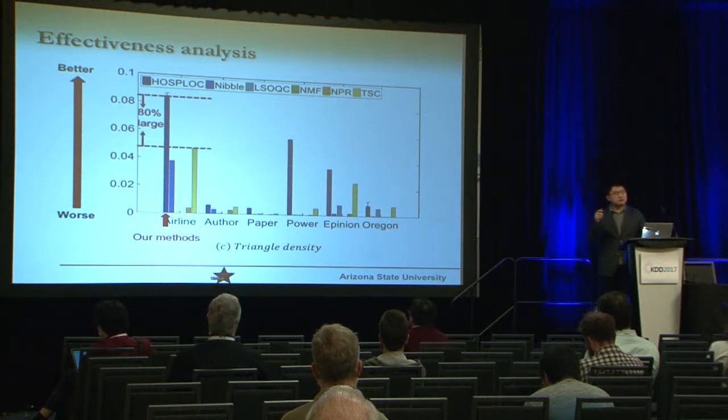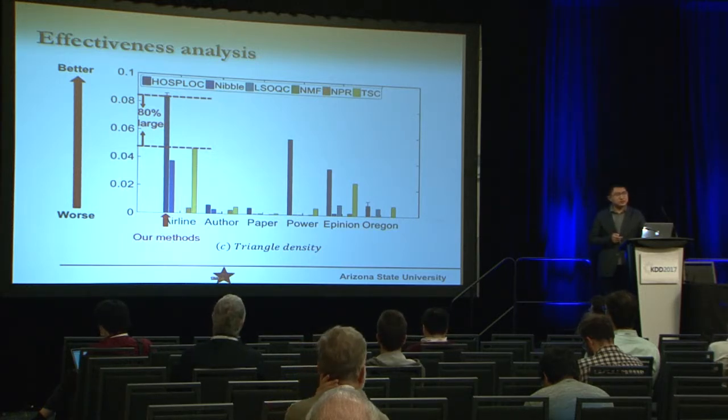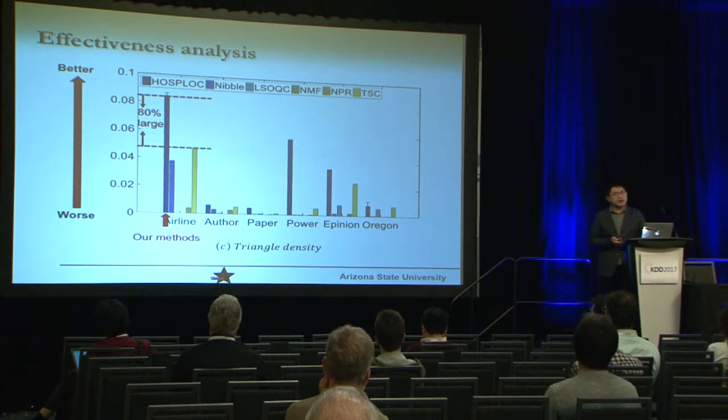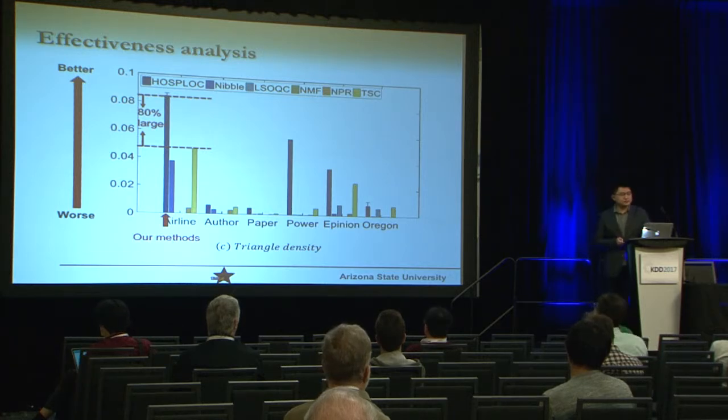Local algorithms perform better than the global algorithms in respect to the three metrics, the conductance and the triangle density. Another observation is that the high-order graph clustering method does perform better than the regular graph clustering method, especially when we consider the triangle density and the high-order conductance.